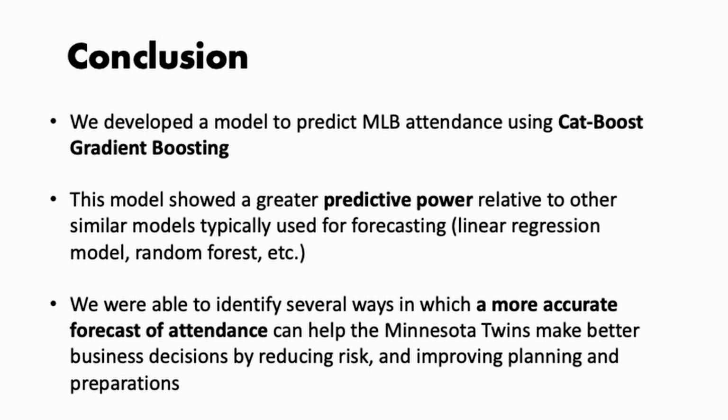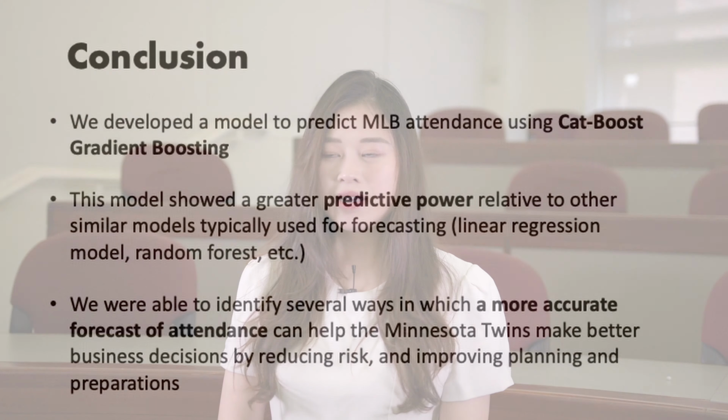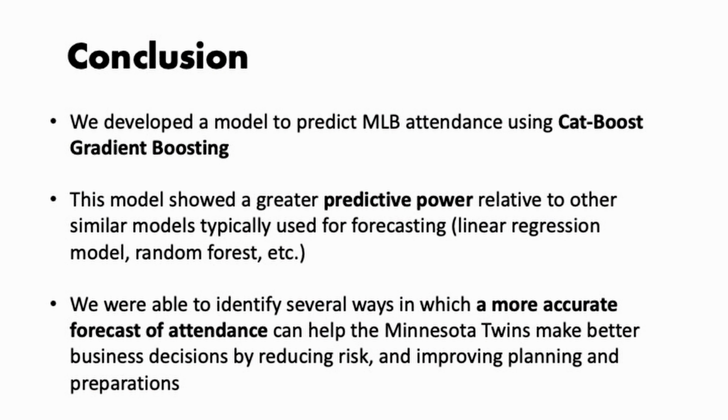So, to summarize, to predict the MLB home game attendance, we developed a model using the CatBoost gradient boosting method. This model shows a greater predictive power over other models, such as the linear regression model, random forest, and neural network. We are confident to say that we were able to identify several ways in which a more accurate forecast of attendance can help the Minnesota Twins make better business decisions.